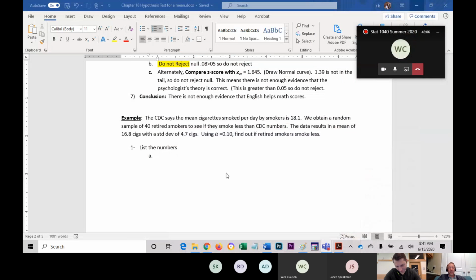Allie, what can you help us out with here? All right, so it looks like the mu is 18.1. The n is 40. The x bar is 16.8, and the sigma is 4.7. So you think that comes from a population?